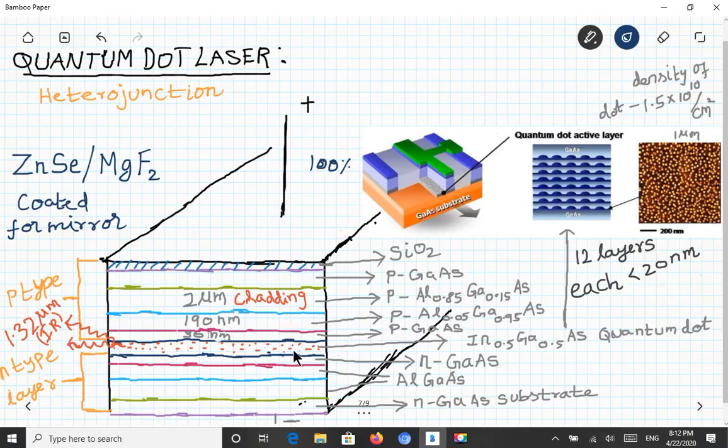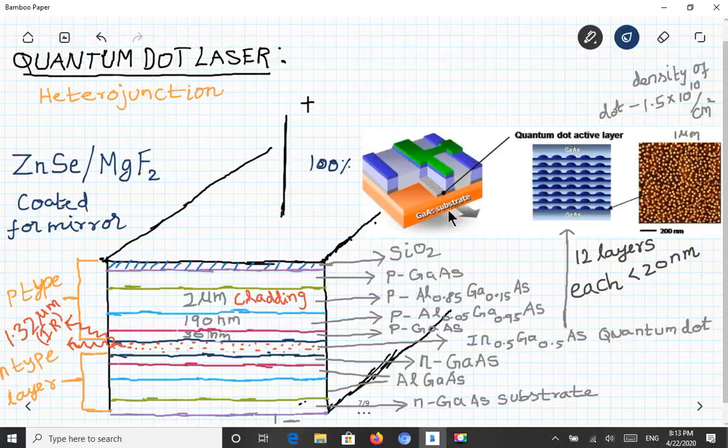So here, if you see, I have magnified the image of the quantum dot layer. This is the quantum dot layer, which is made up of indium gallium arsenide. So this is the magnified picture of this indium gallium arsenide.